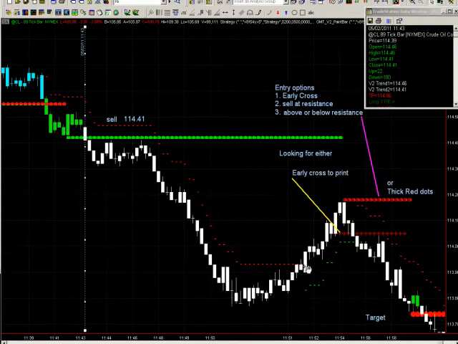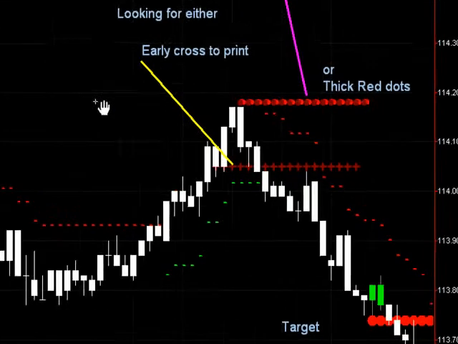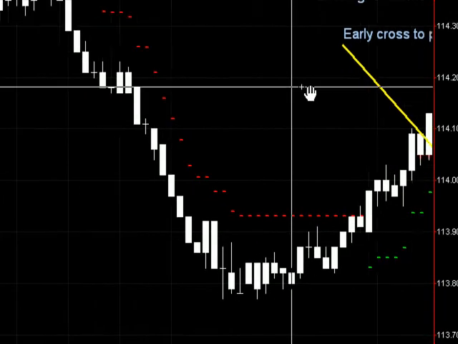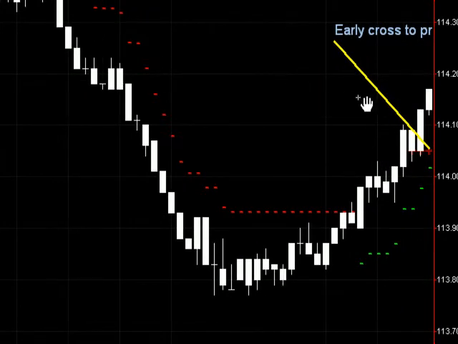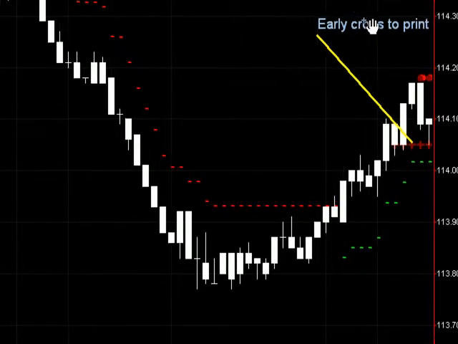You see price pushes up, but then we get this level of resistance set up. When you're trading this strategy and looking for a potential pullback trade, there are two things you're looking for. You're looking for what we call the early cross to print, which is this cross here, or you're looking for resistance to set up.